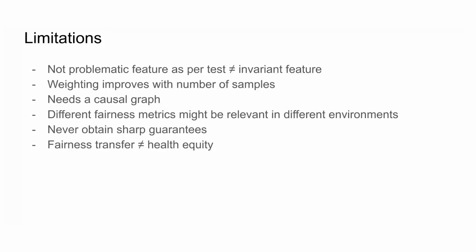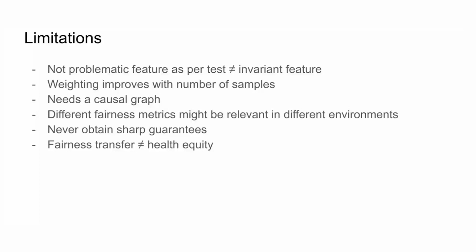You want a smaller number of samples to be able to do your testing, because you don't want to require too many samples from the target population, otherwise why not just do joint training with that? But we have seen that with a few hundred samples, it's okay, but it does improve if you have more samples.